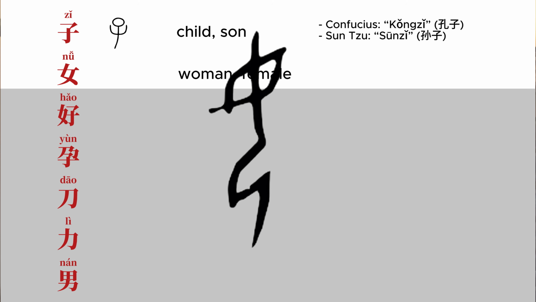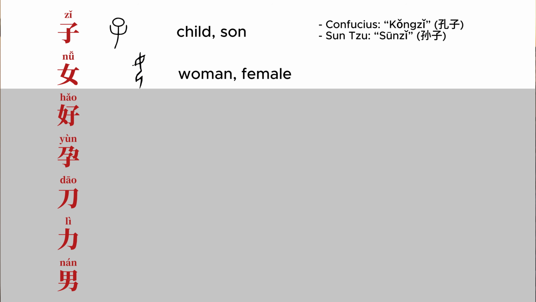Next is 女, which means woman or female. The ancient form of this character looked like a woman kneeling, with her head bowed and hands folded gracefully in front of her, which were traditional ideals of femininity. 女 is also a super common radical you will see in many female-related words like mother, sister, and more.